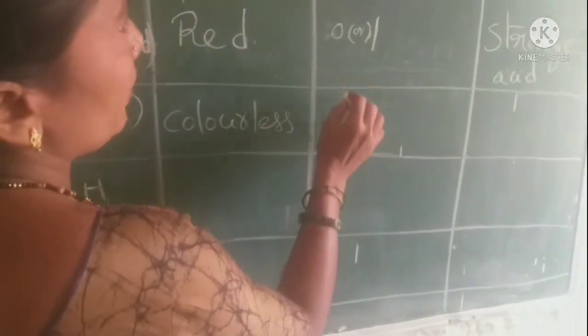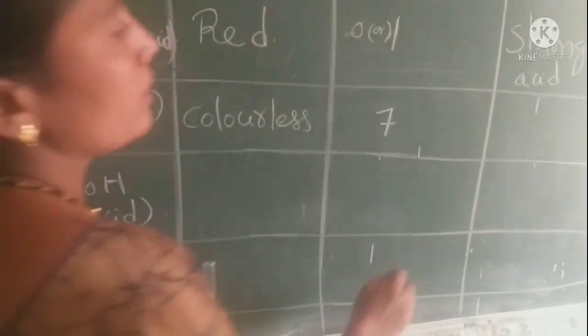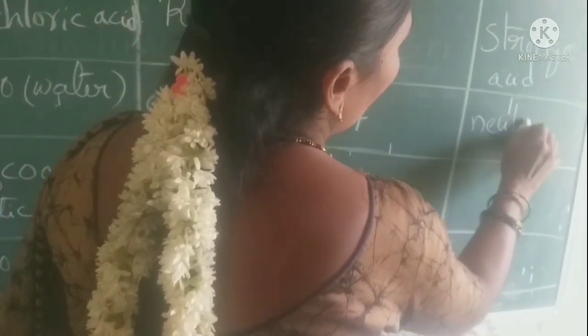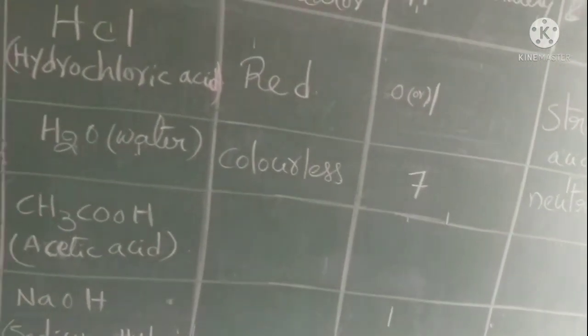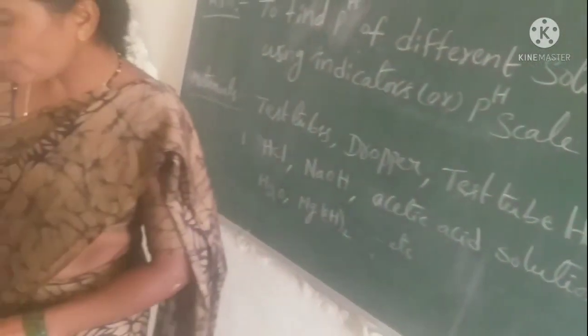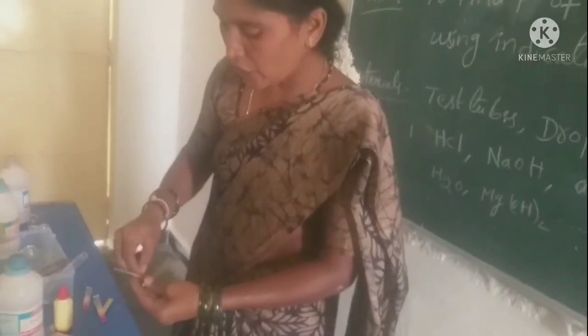The pH value is approximately 7. That is neutral.